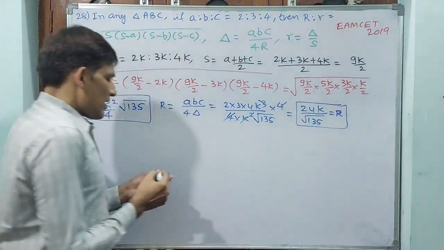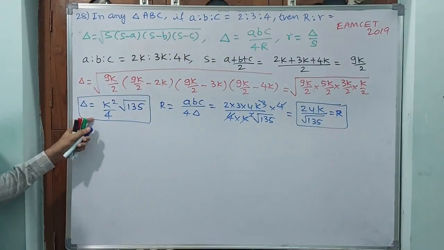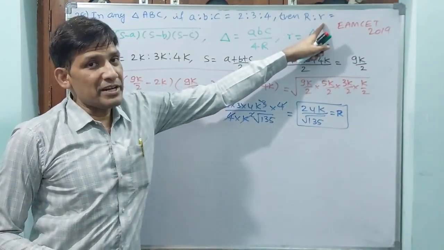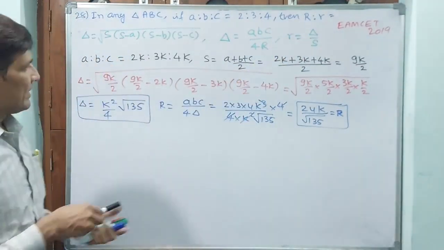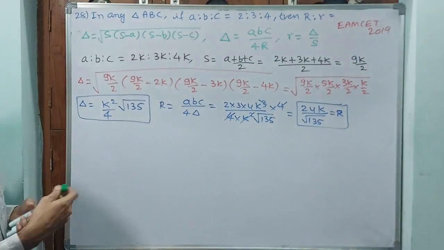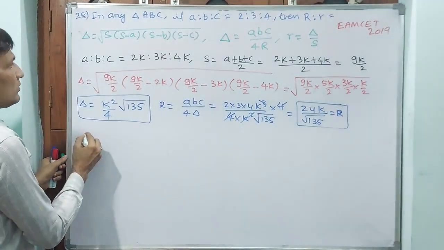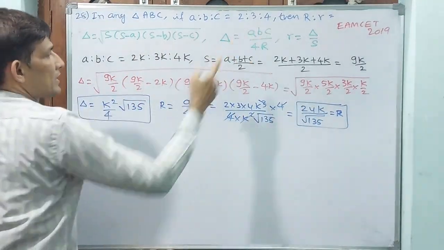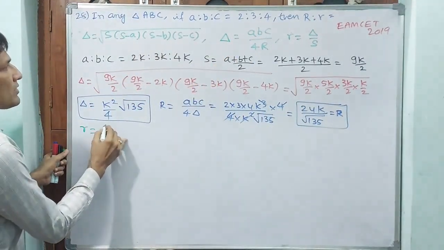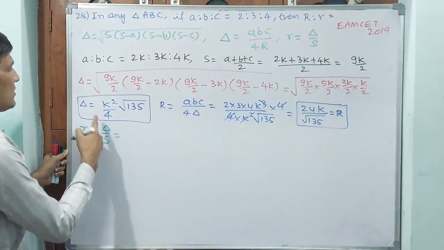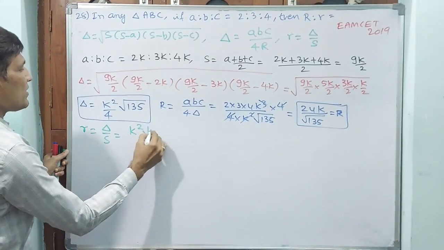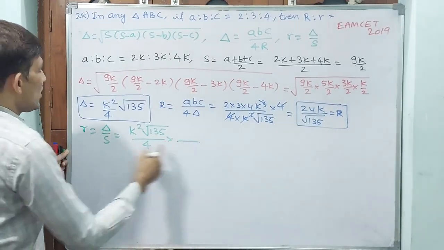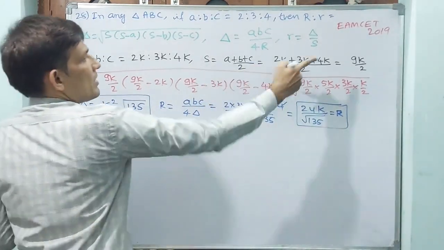See, you require R and small r. You don't bother about this delta. Why? Because they are asking capital R divided by small r. That means small r you have to find. How are you going to find small r? Delta by S. Yes, you have got S and delta also. Let us find small r. Small r is equal to delta by S. That is equal to, delta means k square into root 135 divided by 4, into S. S means 9k by 2.